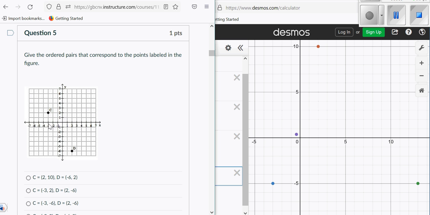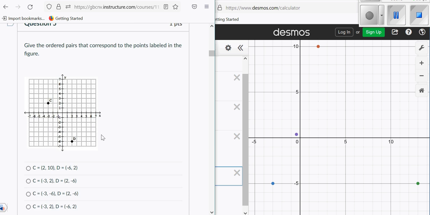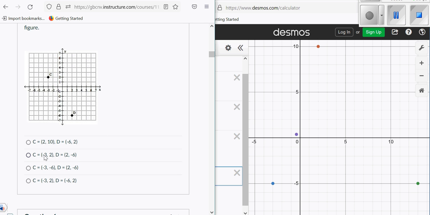You always look at the x coordinate first. Okay, so you have -3, 2. And -3, 2 is this one. There is a -3, 2 here. So possibly either this one or this one, second or fourth.